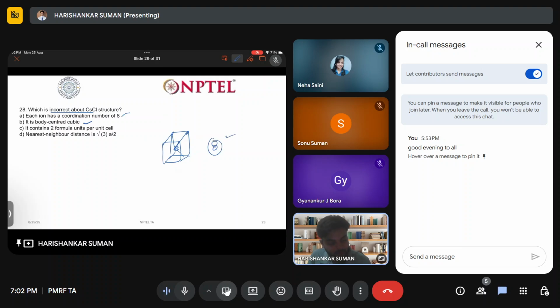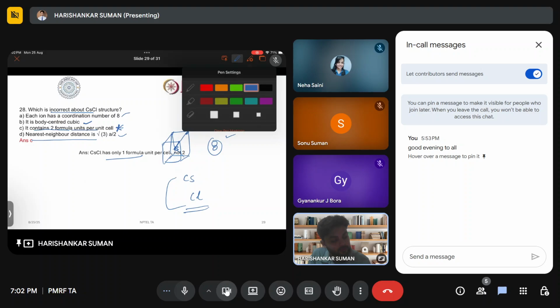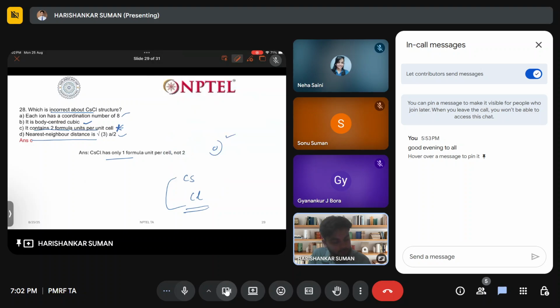So this is also correct. And the nearest neighbor we have already seen. So the answer will be this. This is the wrong statement, and we have to find out the incorrect one. It contains one Cs and one Cl, only one formula unit. Yeah. Okay.